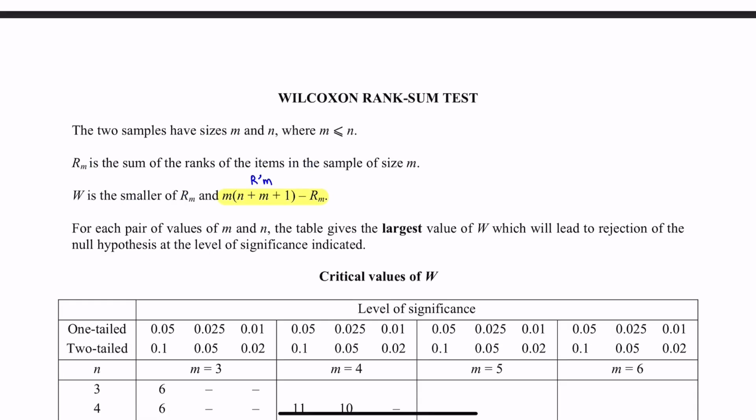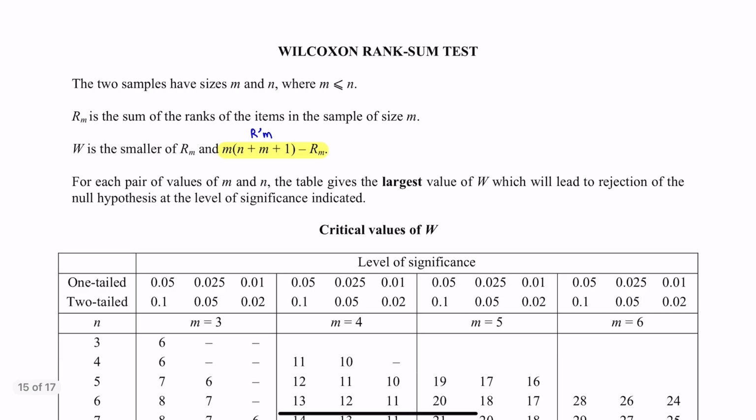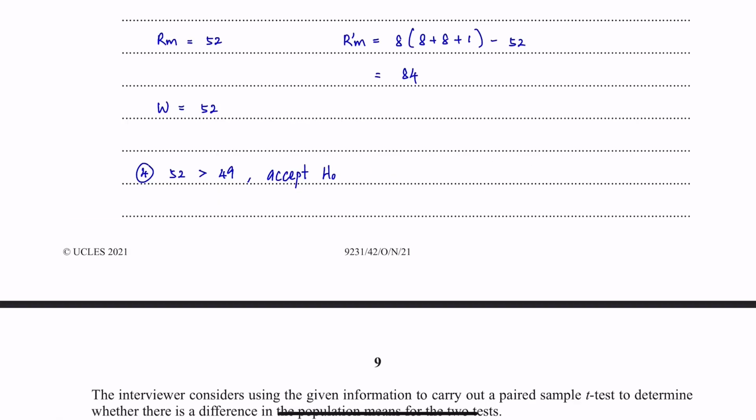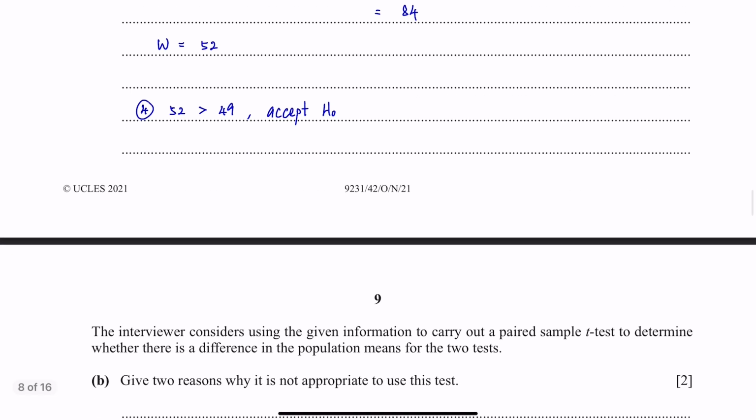Alright, this is also written in the formula booklet. It says that the table gives the largest value of W which will lead to rejection of the null hypothesis. That means any test statistic that is smaller than this, we can reject the null hypothesis. But since our test statistic is larger than 49, we accept our null hypothesis.